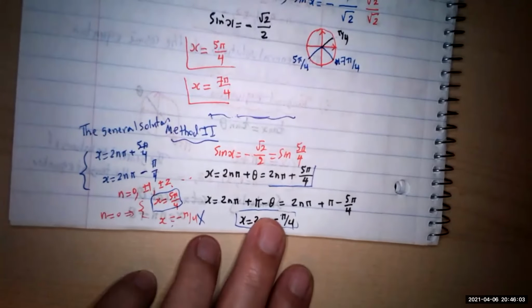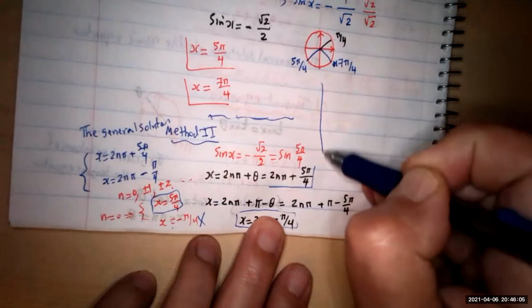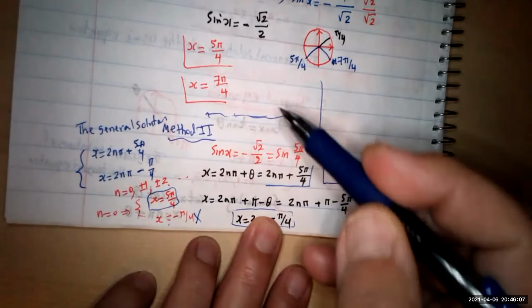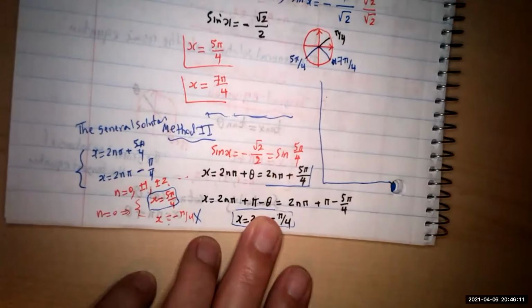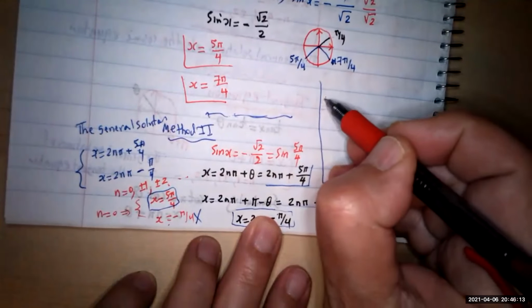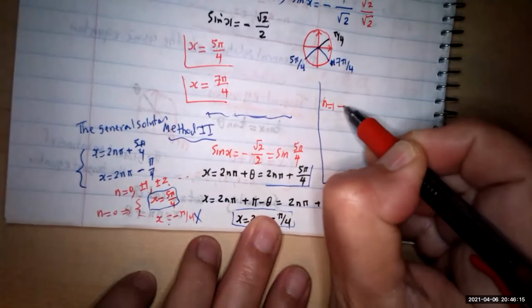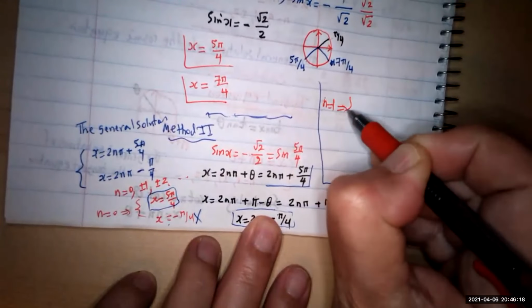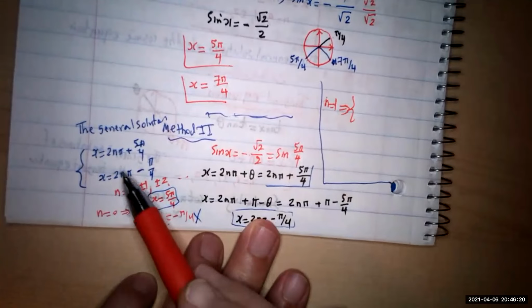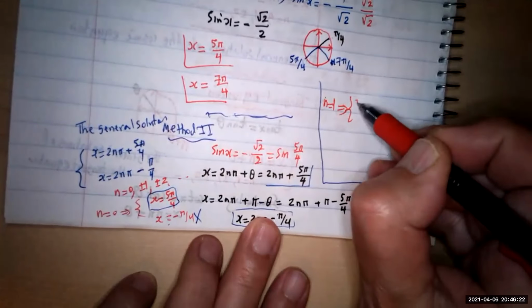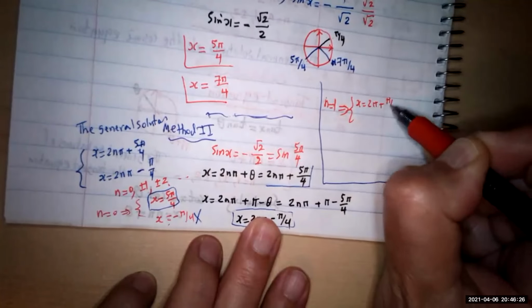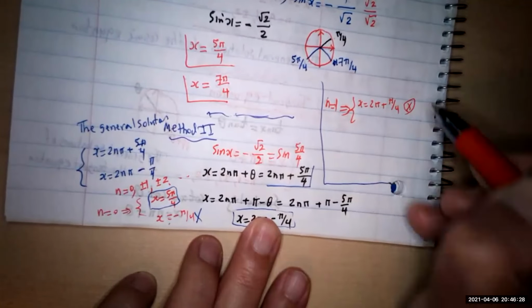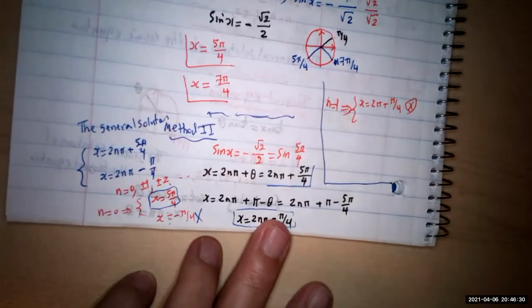So I just want to have it in this page, so I just continue. So that's why you have to use the first method. If you put n equal to 1, you go to the first equation, you'll be over. So x would be 2 pi plus pi over 4, which is no good, because you want to be between 0 and 2 pi.